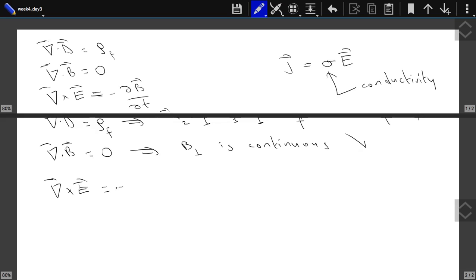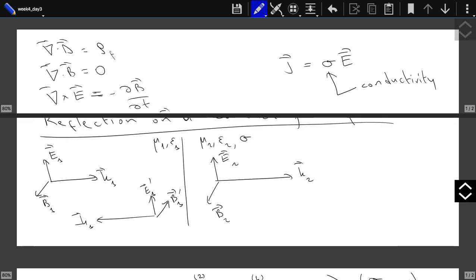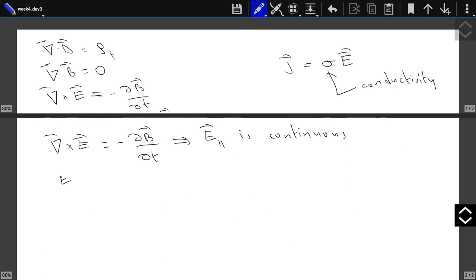Curl of E is equal to minus del B by del t. Well, this tells me that the parallel component of the electric field is continuous across my surface. So let us see what the parallel components of the electric field are. I have E1 0 e to the power i(k1 z minus omega t), plus E1 0 prime e to the power i(minus k1 z minus omega t).